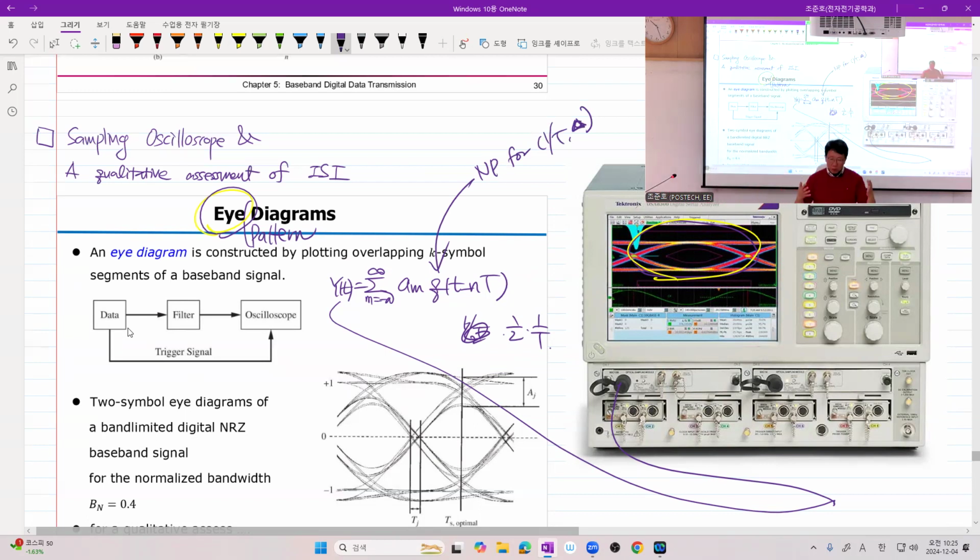In the old world, where the screen was made not of LCD but CRT, the Braun tube, right? What happens? There is an electron gun, and the electron gun generates a beam of electrons. And electrons hit the screen, and there goes light emission.